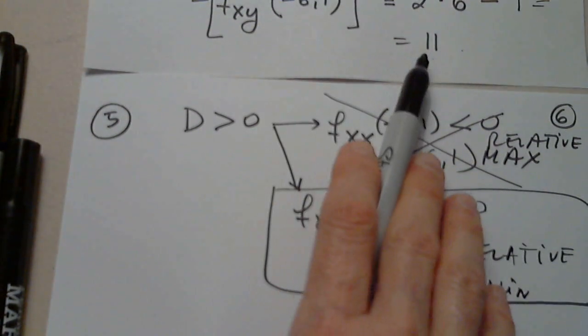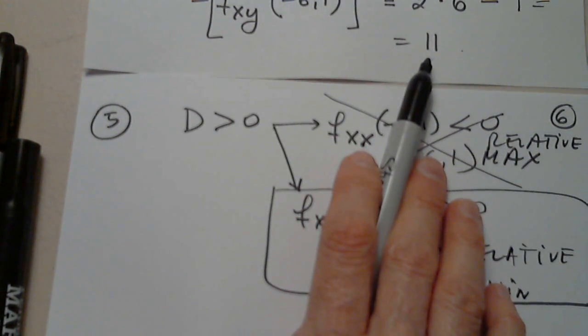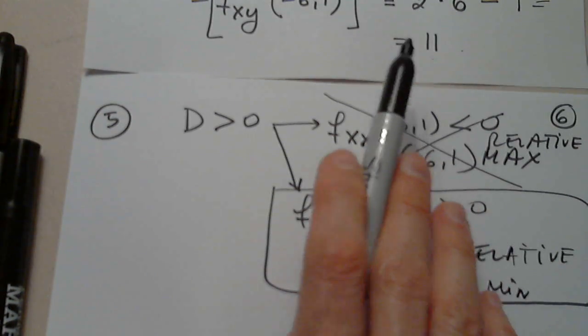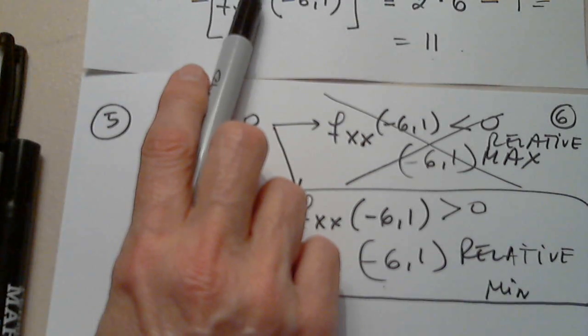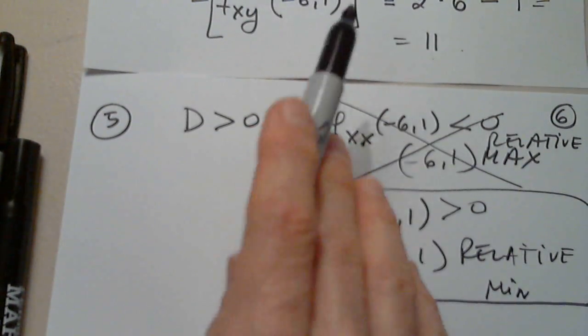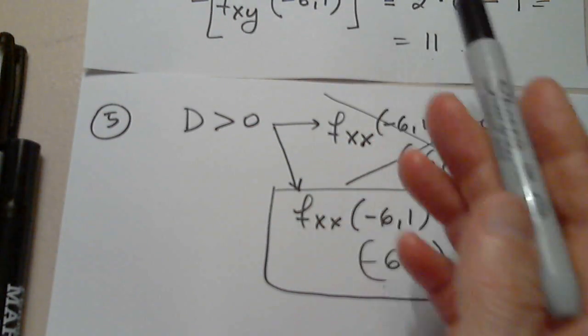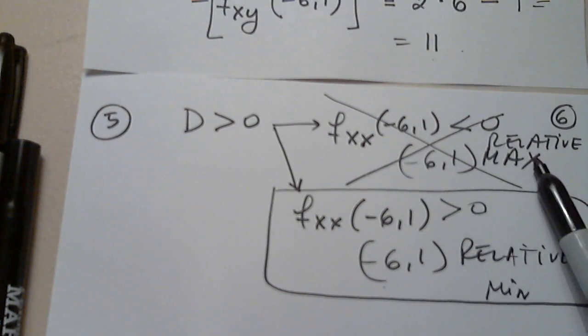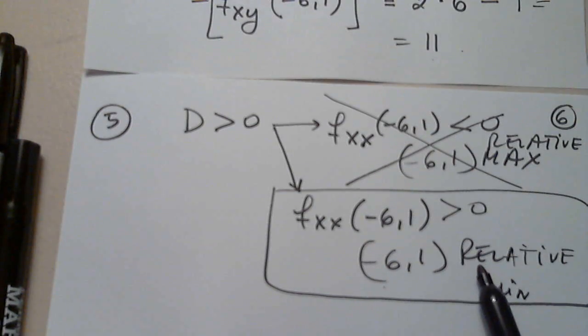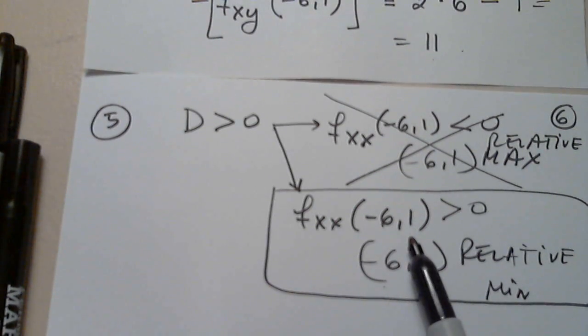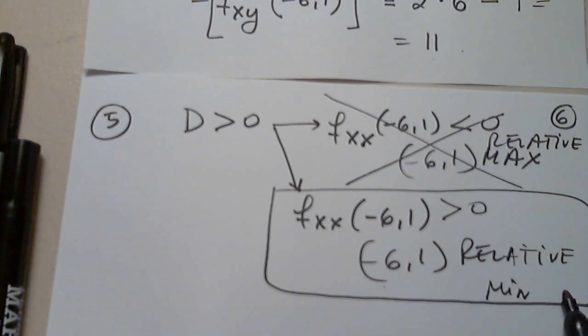So again, when the d-test gives us a positive number, then I have to look at fxx, only fxx. If it's negative, but in this case it's 2. If it's negative, then this point is a relative max. If it's positive, which is our case, then negative 6 comma 1 gives a relative minimum.